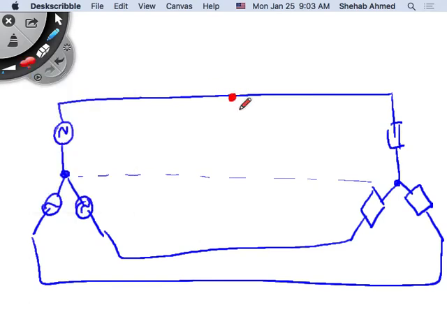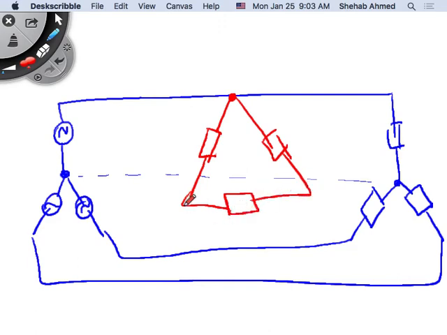Delta connected load, I have an impedance here, impedance here, impedance here, this is connected here, and this is connected here. Now what? I don't have a neutral point.